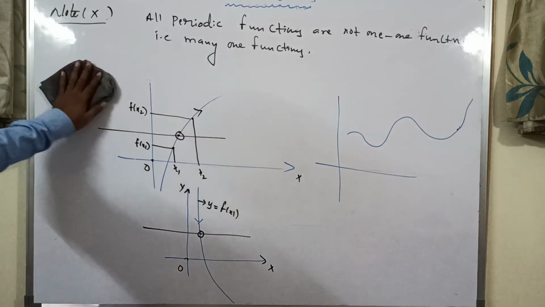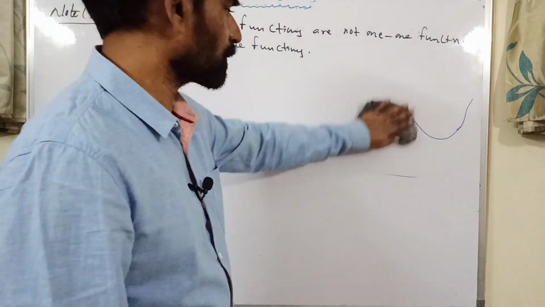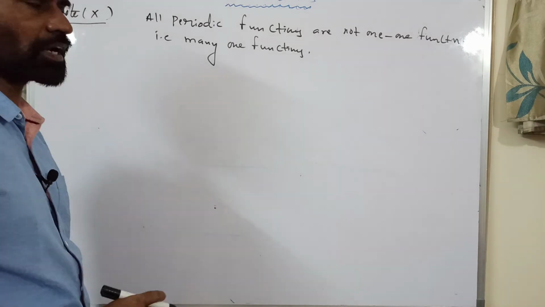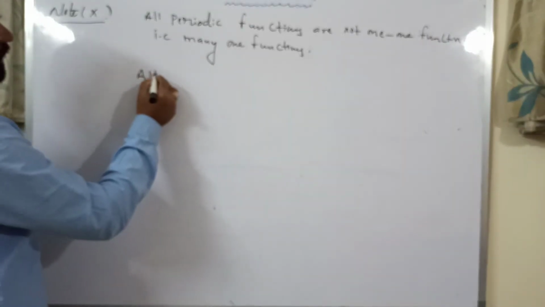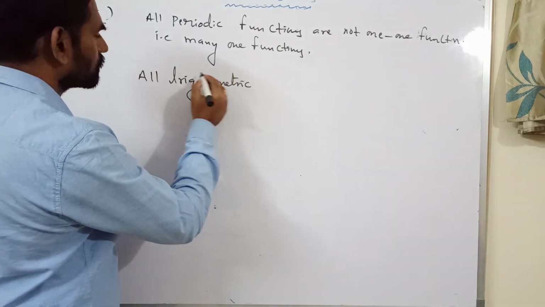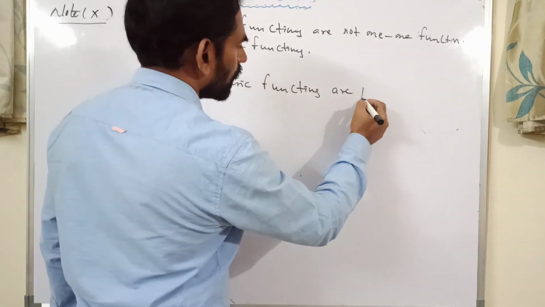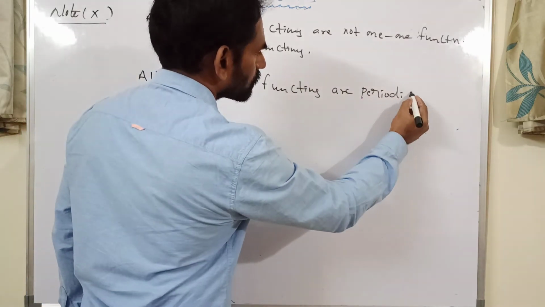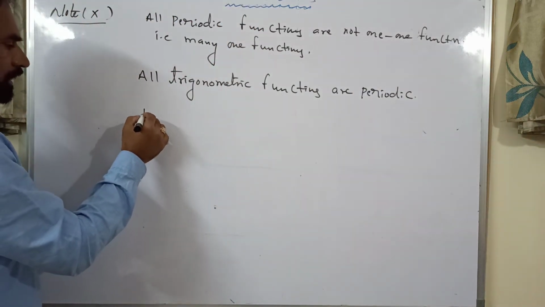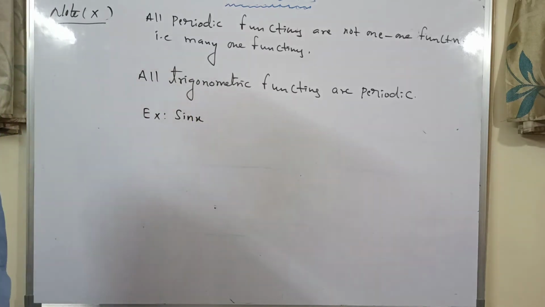Periodic means, for example, if you draw the graph of sin x, you know, all trigonometric functions are periodic functions. It means the graph is repeating at regular intervals. Example, sin x. I am taking the sin x graph, y equal to sin x.